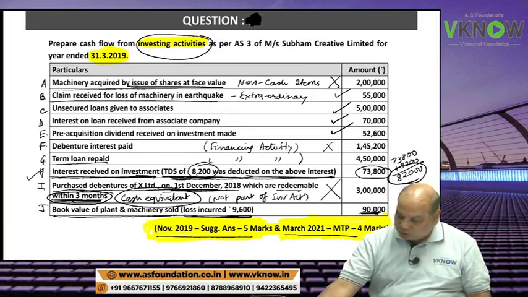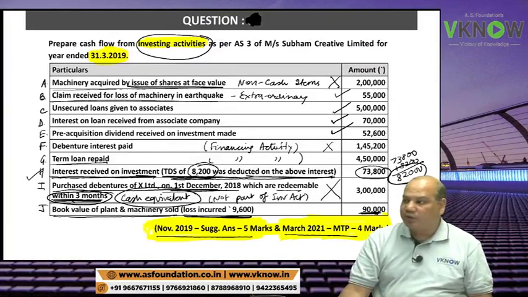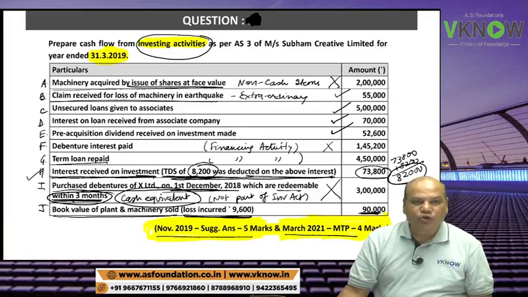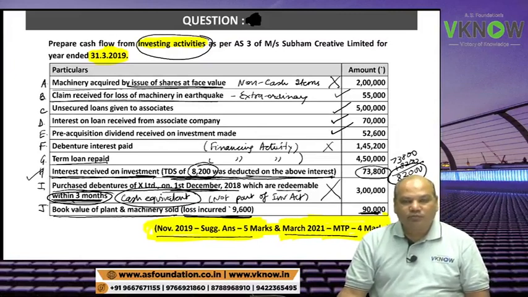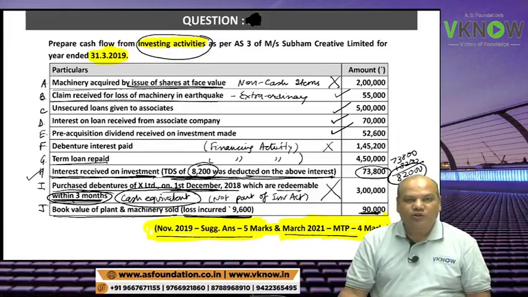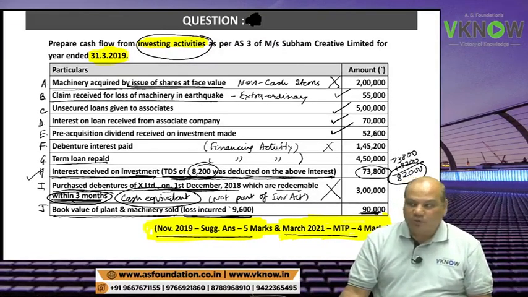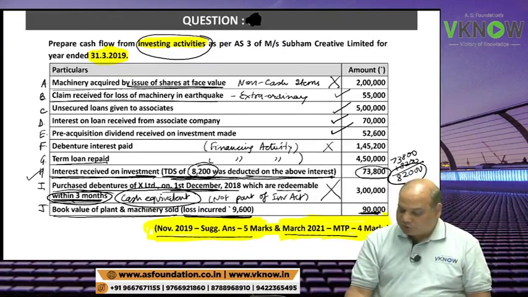So do not include this in investment activity because this is a cash and cash equivalent item. So purchase of cash and cash equivalent item will not be shown in investing activity, otherwise it will be double counting.